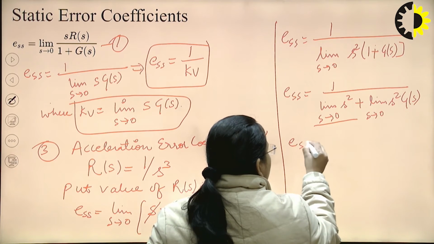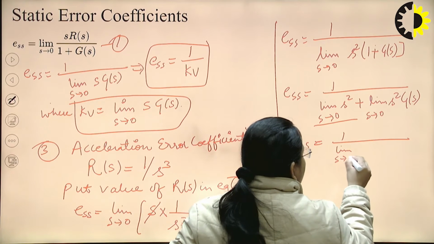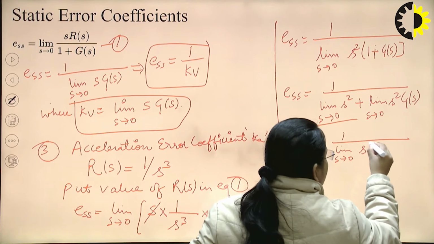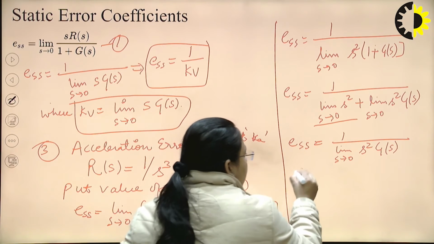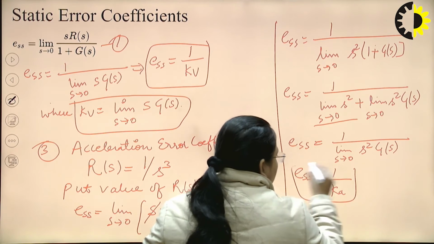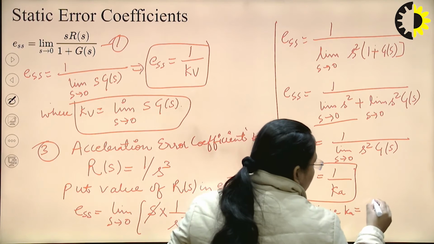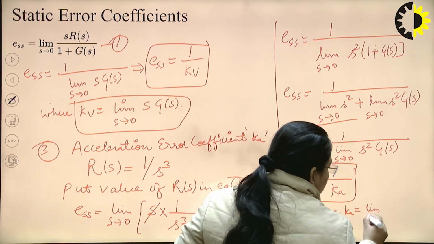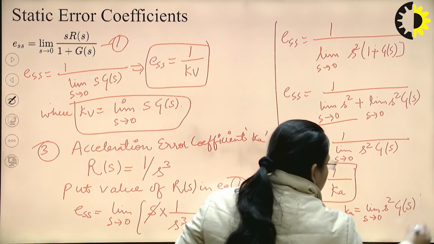So we are left with 1 upon limit s tends to 0 of s square into GS, and we can write it as ESS equals 1 upon Ka, where Ka is equal to limit s tends to 0 of s square into GS.